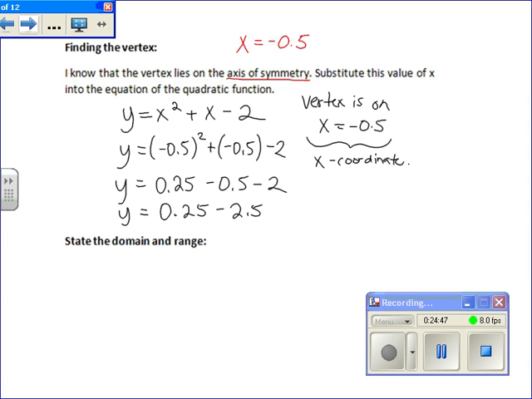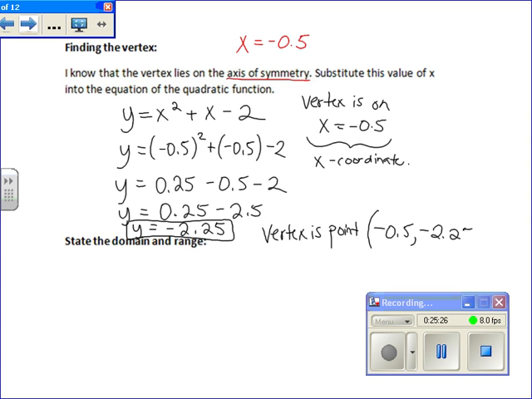And so 0.25 subtract 2.5, y is equal to negative 2.25. Okay, so that is the coordinate for my vertex. So my vertex has the y coordinate negative 2.25. So the vertex is the point x is negative 0.5, y is negative 2.25.